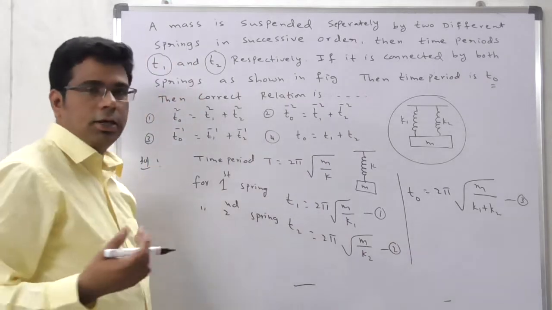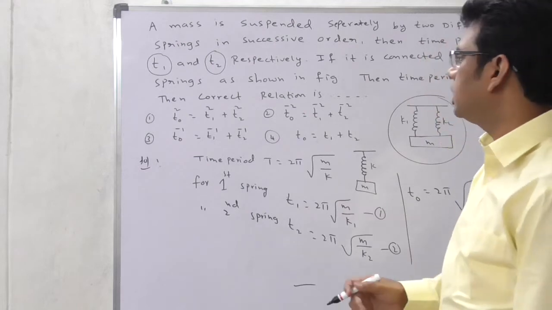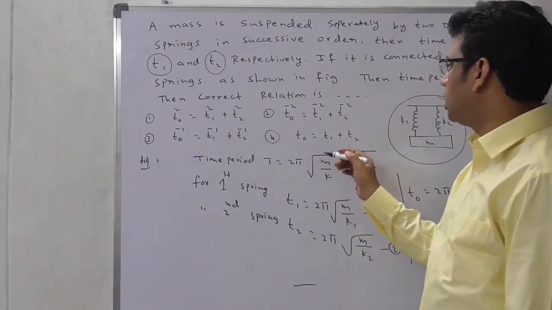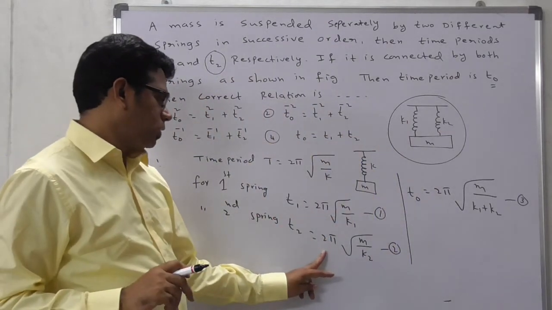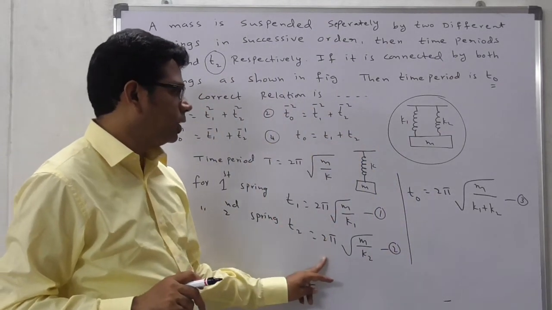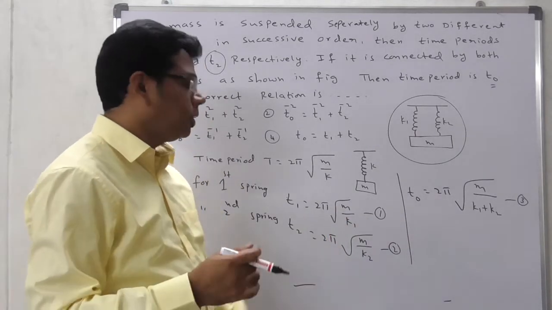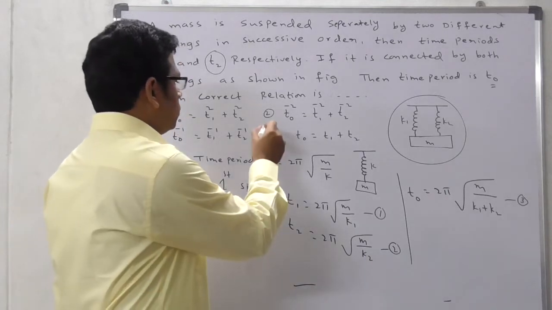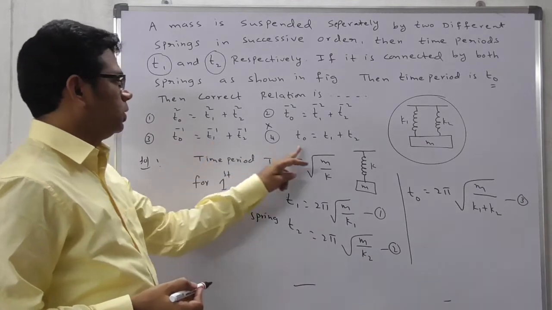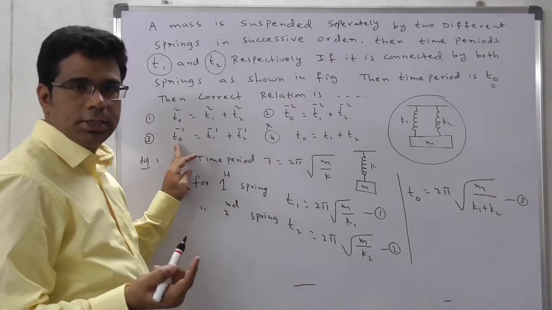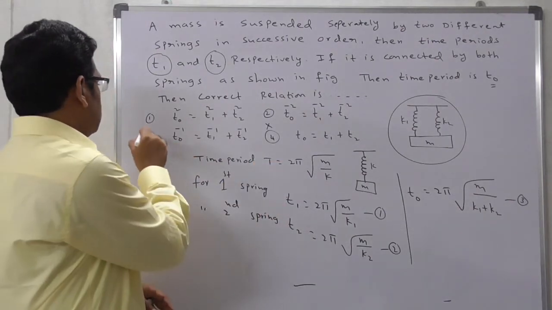Then try to get a relation among T0, T1 as well as T2. Observe here the options. Fourth option, T0 equals T1 plus T2. This is T1, this is T2. If we add these two separately, we can't get this. Why? Because root terms cannot be added separately. Therefore, clearly the fourth option is wrong. Similarly, if the power is minus 1, meaning reciprocal, taking reciprocals and adding also we can't get it.